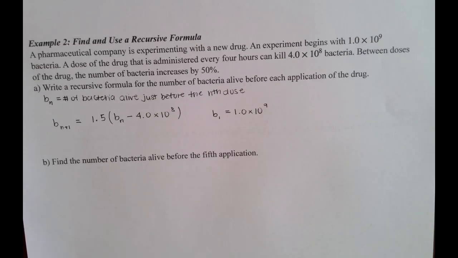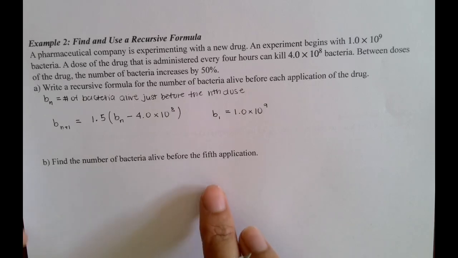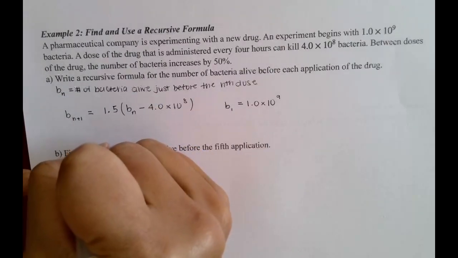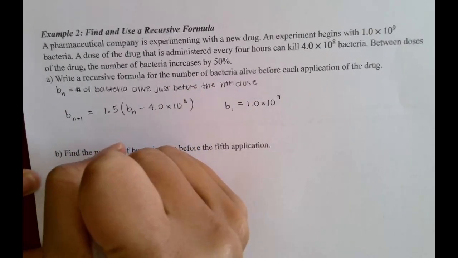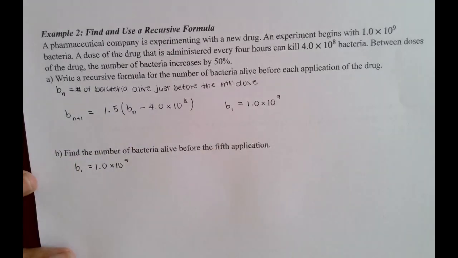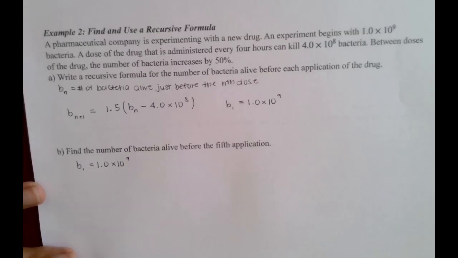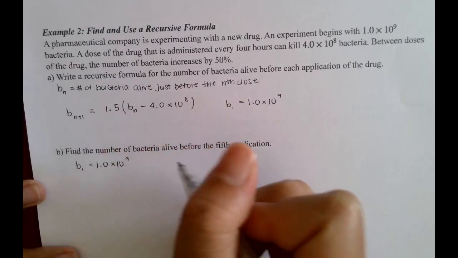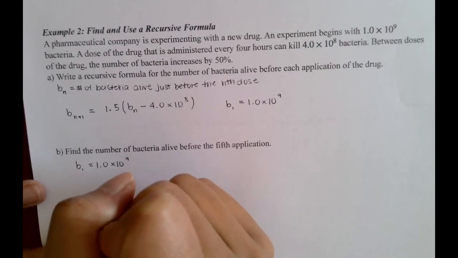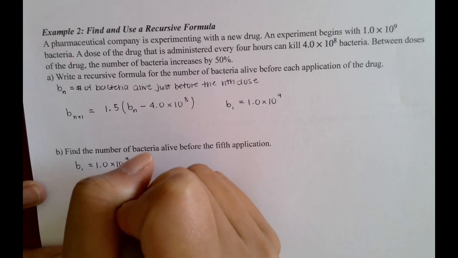Okay. So now we're going to find the number of bacteria alive before the 5th application. Okay. So here we know that in the beginning it's going to be 1.0 times 10 to the 9th. Okay. So after the first application, probably better to say 0.